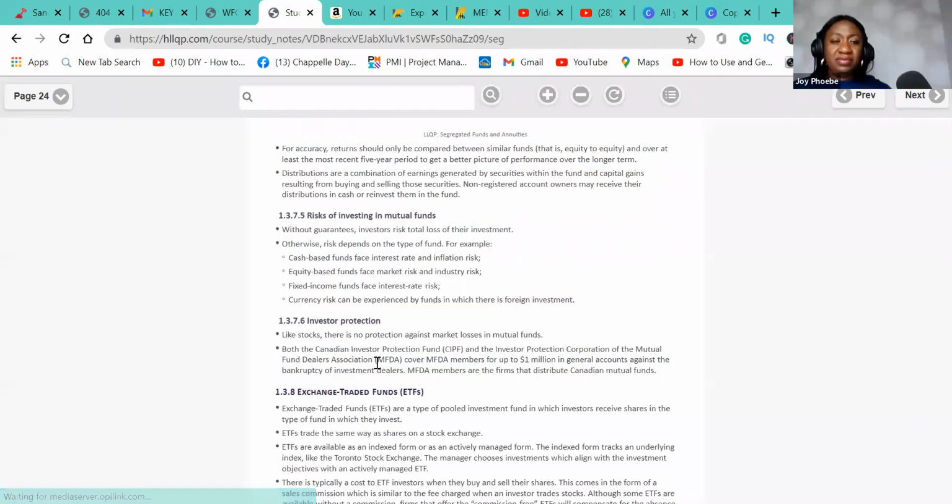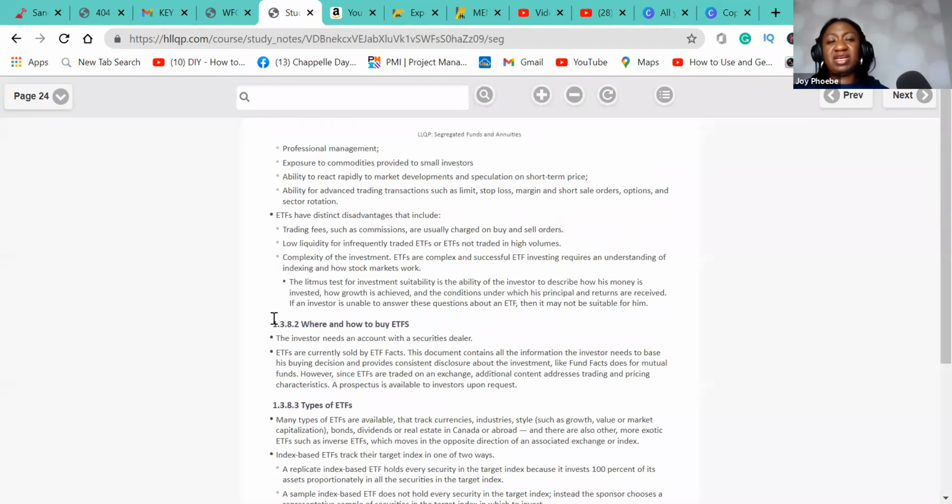All right. Then of course there is professional management that has oversight on that, and then exposure to commodity provided to small investors, then the ability to react rapidly to market developments and speculations on a short-term basis, and then the ability to advance trading transactions, such as limits, stop loss, and all that stuff.